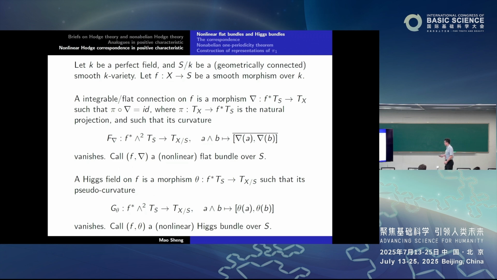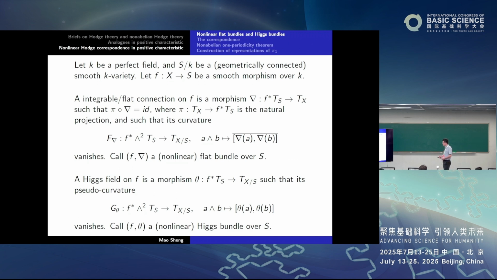So K is a perfect field, and S over K is a smooth K-variety. We consider a smooth morphism. In our early case, we always considered a geometric vector bundle over S. Of course, for vector bundles it is smooth, but now we consider arbitrary smooth morphisms, X over S.